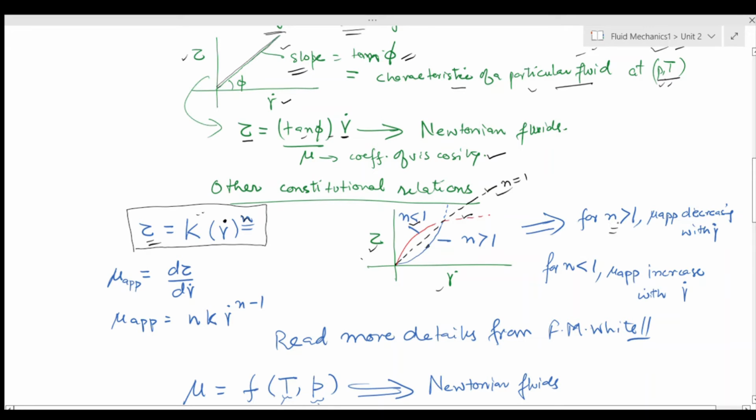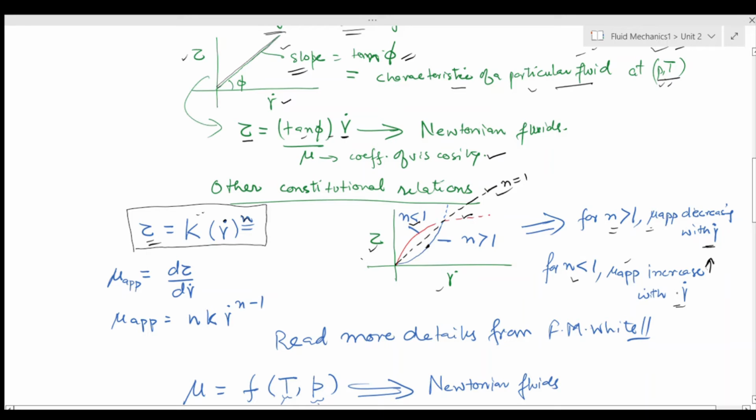For n greater than 1, my viscosity decreases with increasing strain rate, and for n less than 1, my coefficient of viscosity actually increases when I am increasing my strain rate.